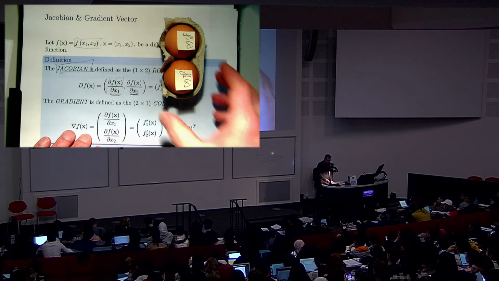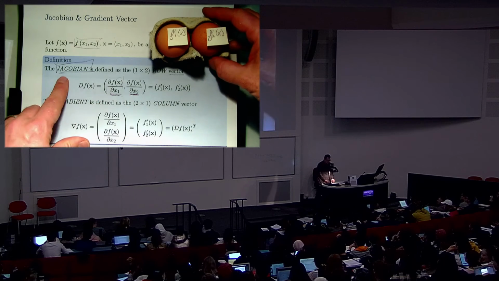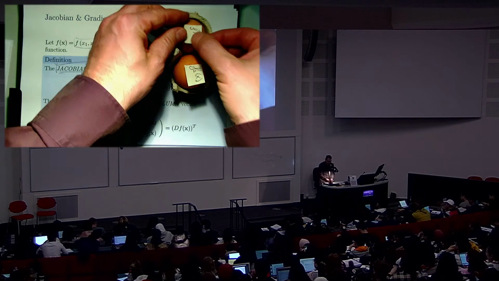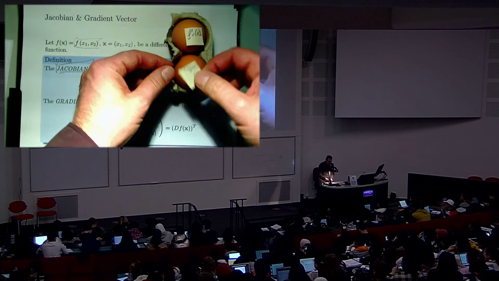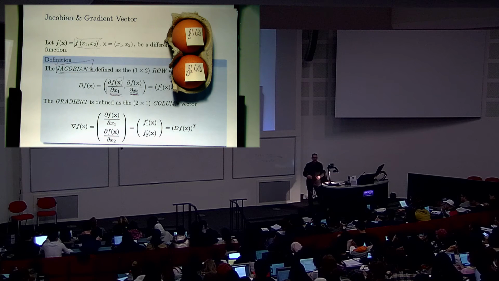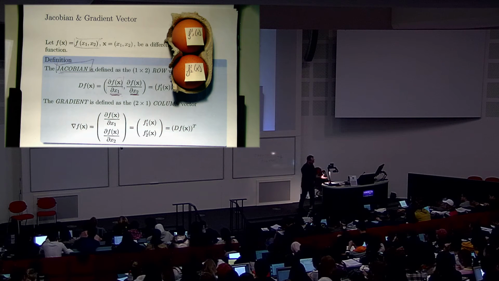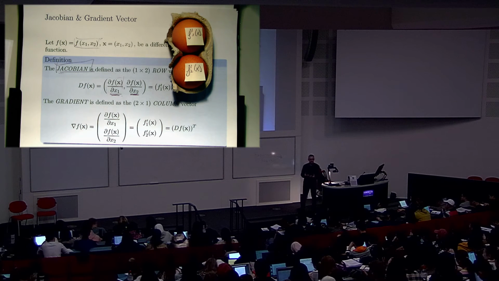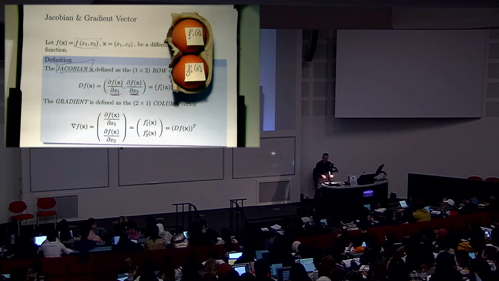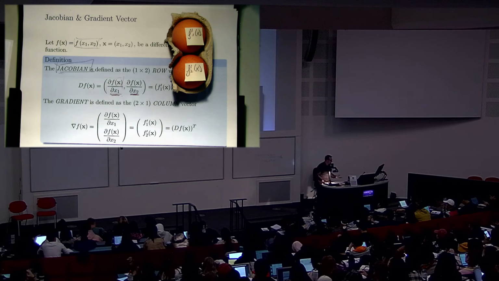Okay? So this is what we call a row vector, the Jacobian. This is what we call a column vector. Okay? But it still has exactly the same stuff. Okay? So at this level, vectors and matrices, or vectors in this case, is really nothing else but a container which contains a number of things. And that may be a formula, a value, okay?